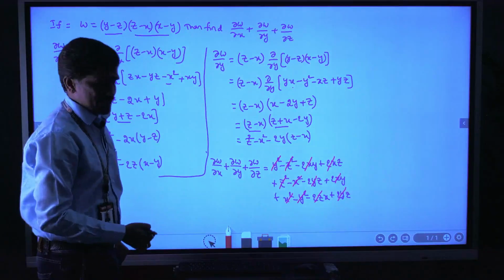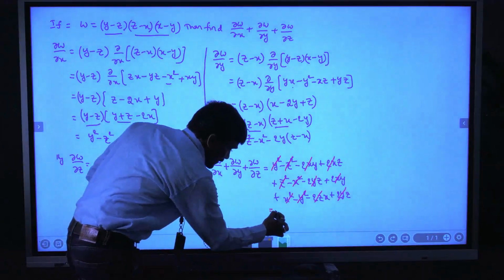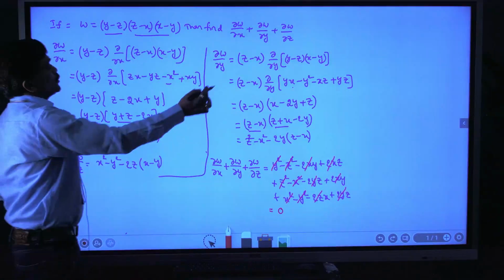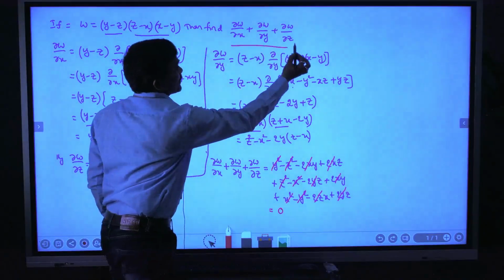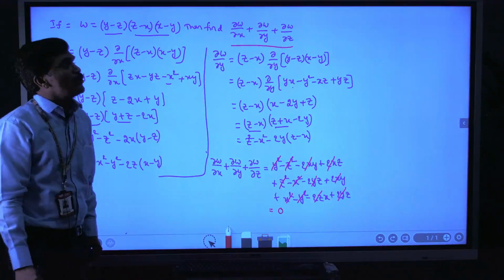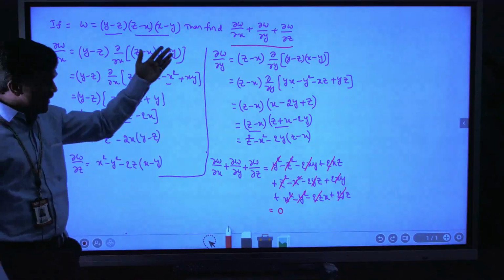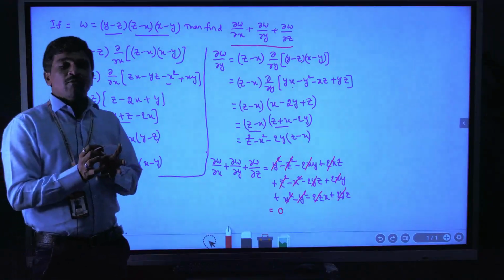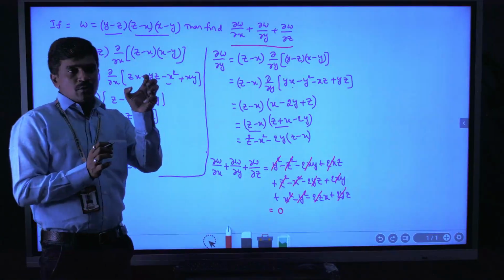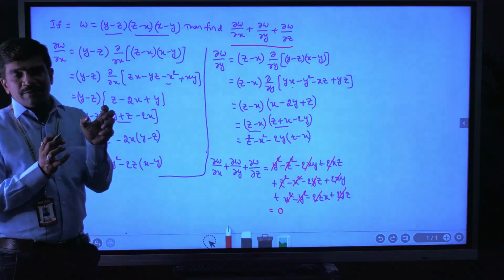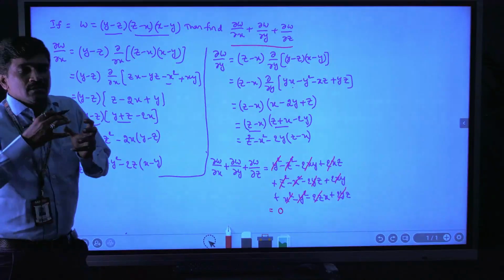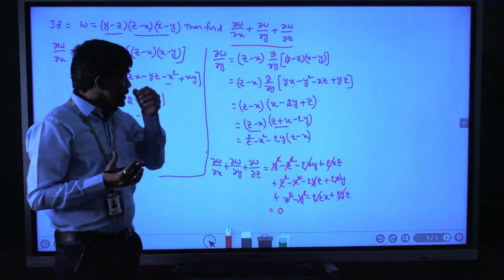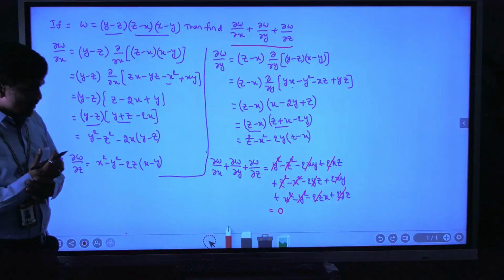So all are cancelled, and finally the value is 0. Simply, in a partial derivative with respect to x, the other variables are treated as constants, and we get the partial derivative of each function.